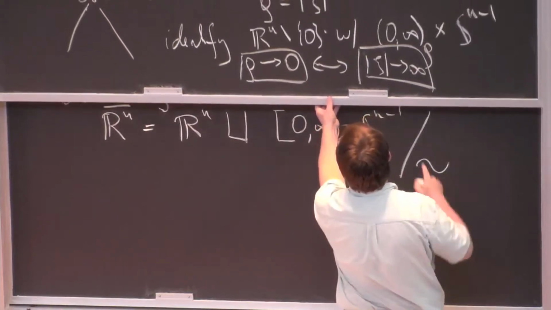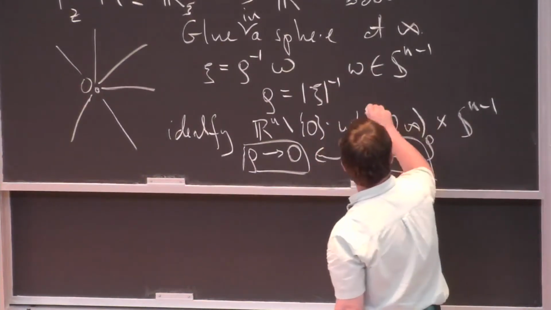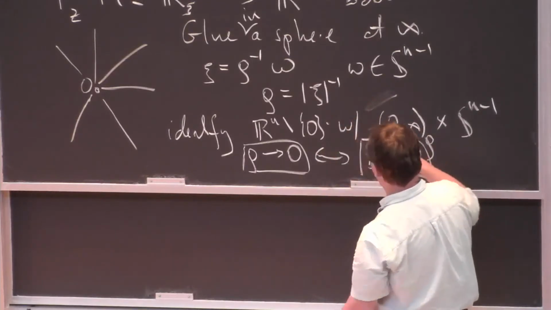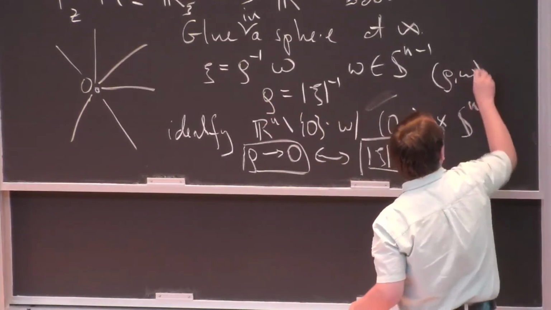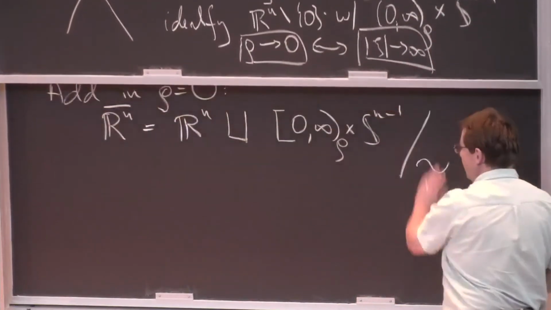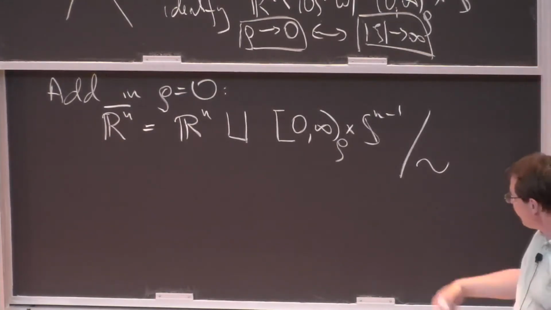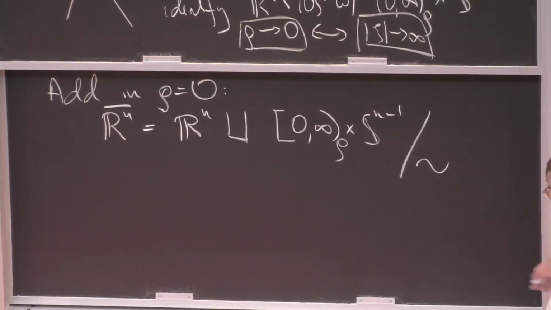So the equivalence corresponds to this: rho omega goes to rho inverse omega. Okay, so the upshot is that I just added a big sphere at rho equals 0, which is really psi equals infinity. But by going from psi to psi inverse, I brought it down to a finite point.